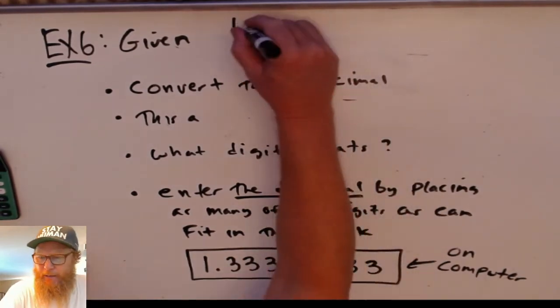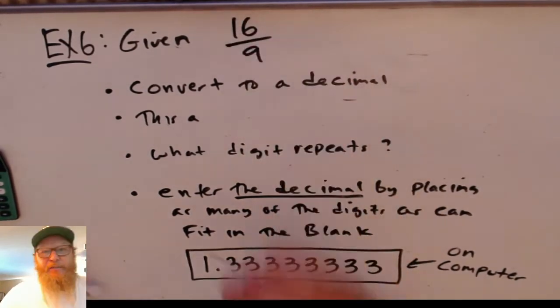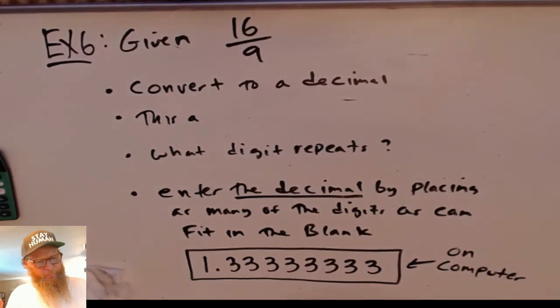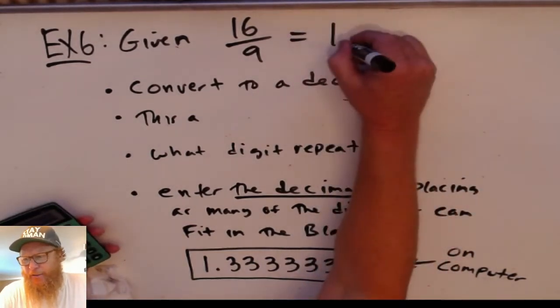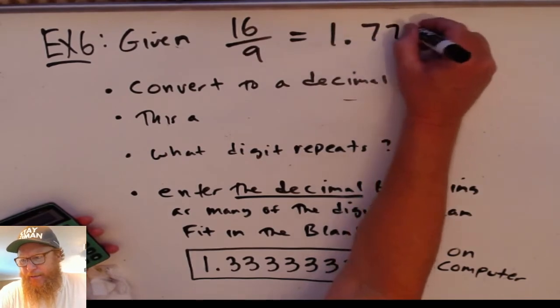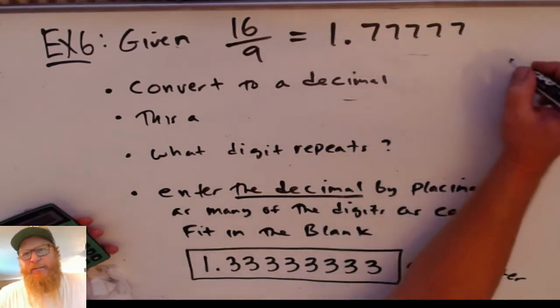All right, how about 16/9? It's almost the same question. 16/9 is 1.77777777.